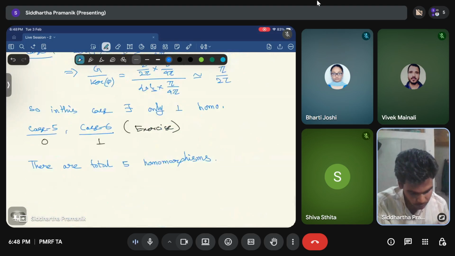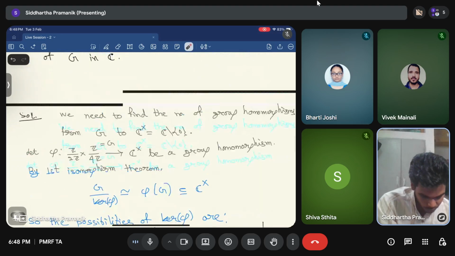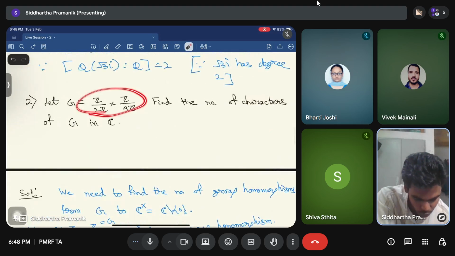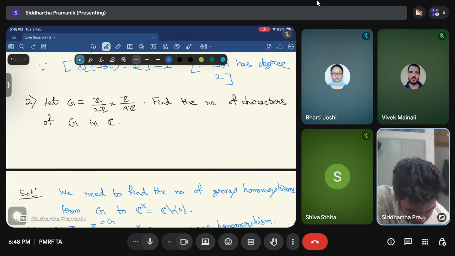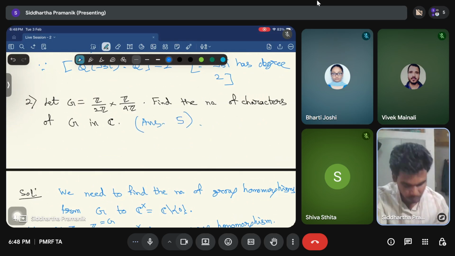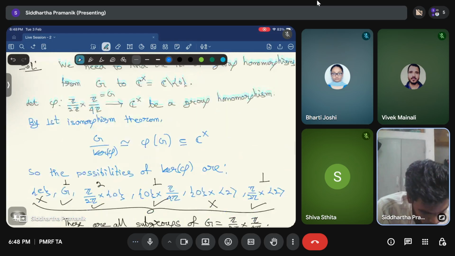I hope this is okay. So these are the number of characters of this group to C. So the answer is 5. Okay. Now let's move on.